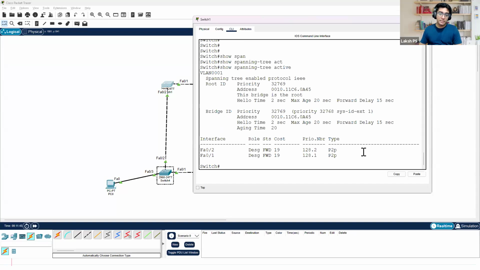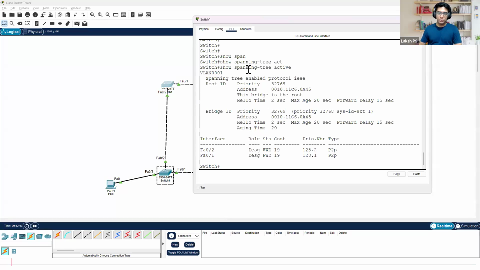There may be multiple instances of spanning tree, which we'll discuss later, but few of them may be running and few may not. So show spanning tree active gives us the active instances of spanning tree running on this switch.